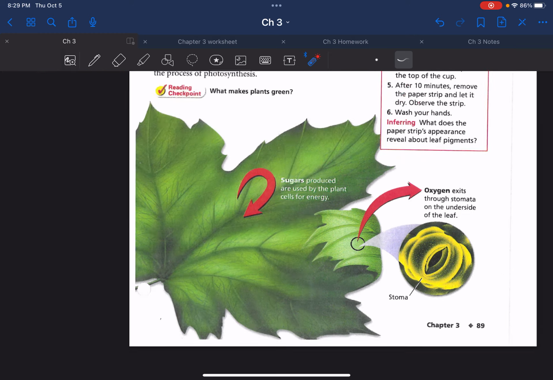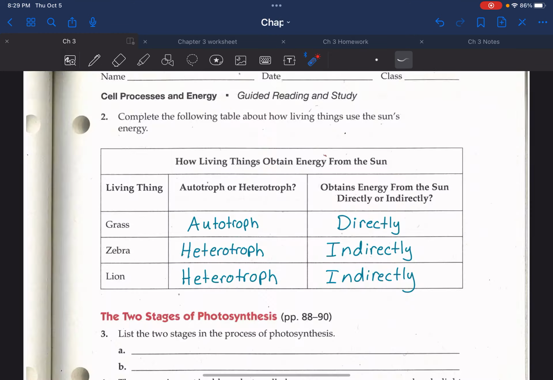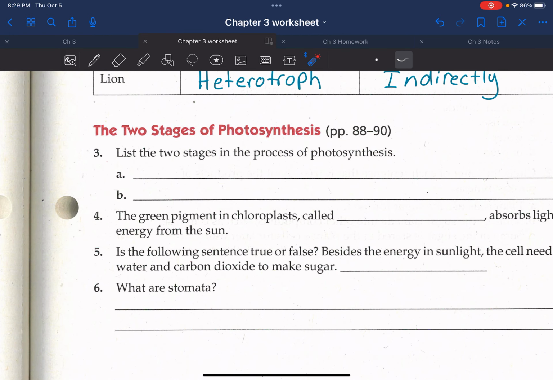There it is. Okay. Let's go back to our notes real quick and see what we can fill out. List the 2 stages in the process of photosynthesis. Stage 1. Stage 2.